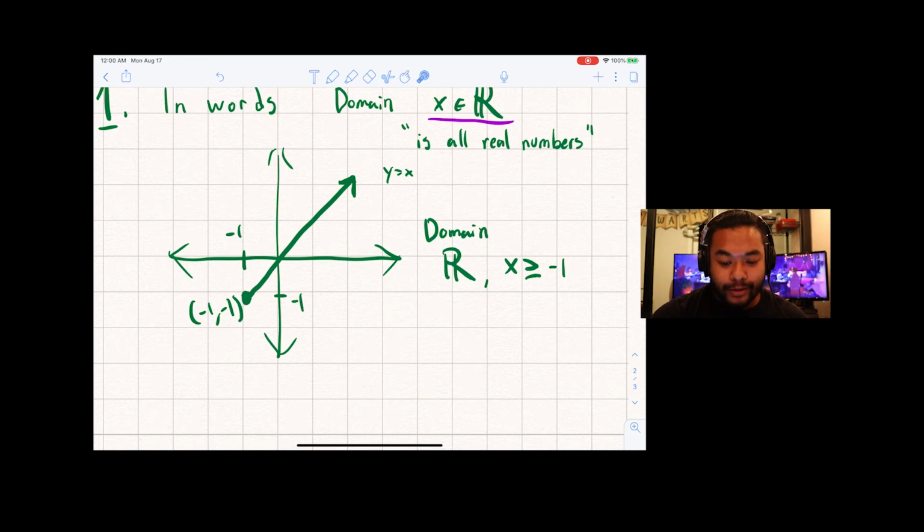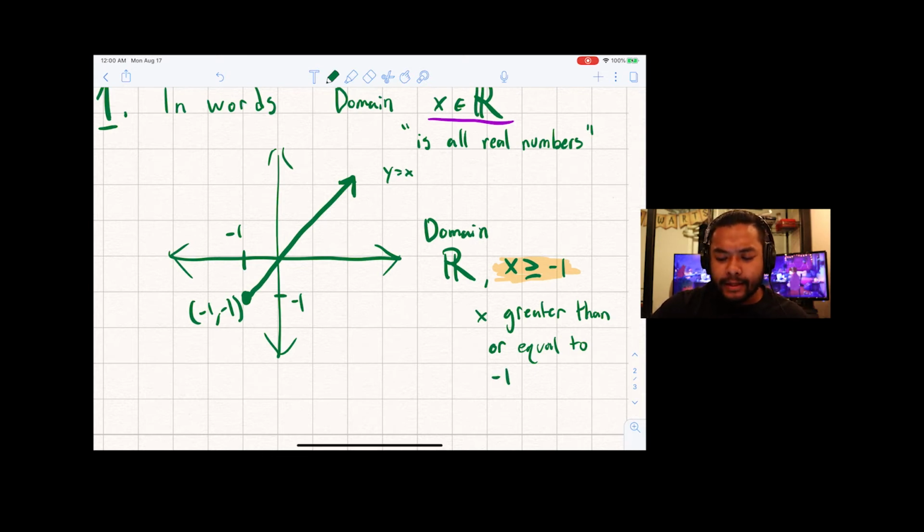So I say in words, the domain is all real numbers starting at x equals -1. That would be one way to say it. Or we could use this inequality notation. X is greater than or equal to -1, which is the same thing as saying x is greater than or equal to -1, or starts at -1.